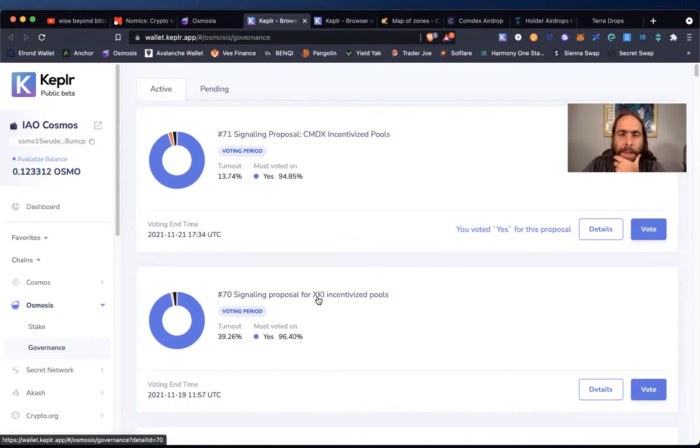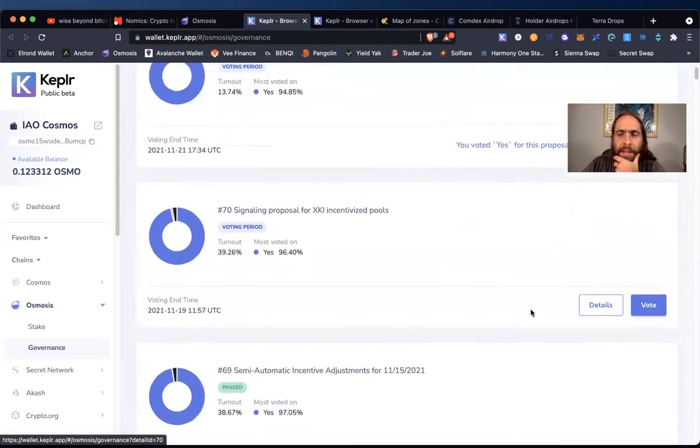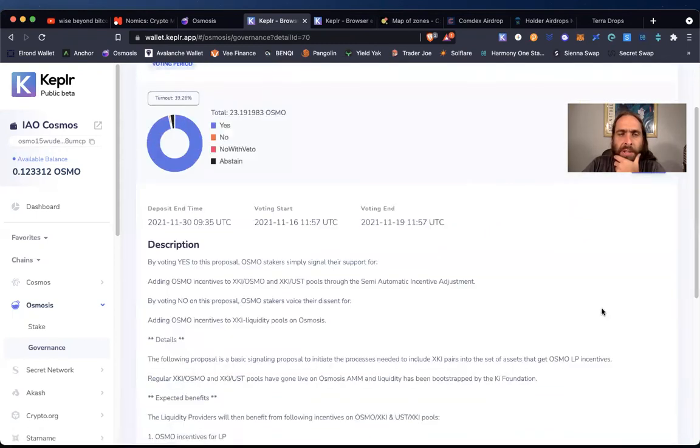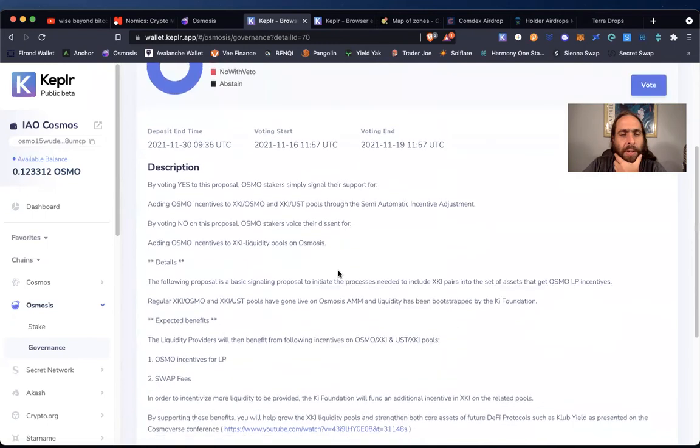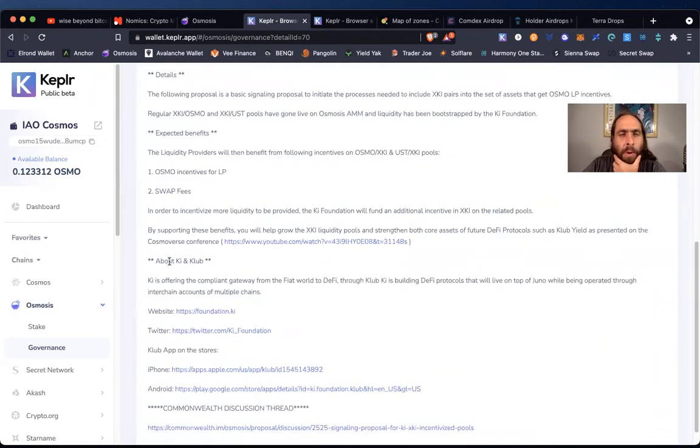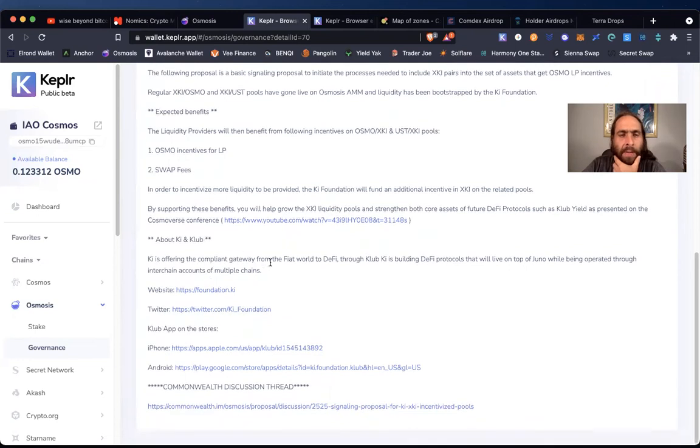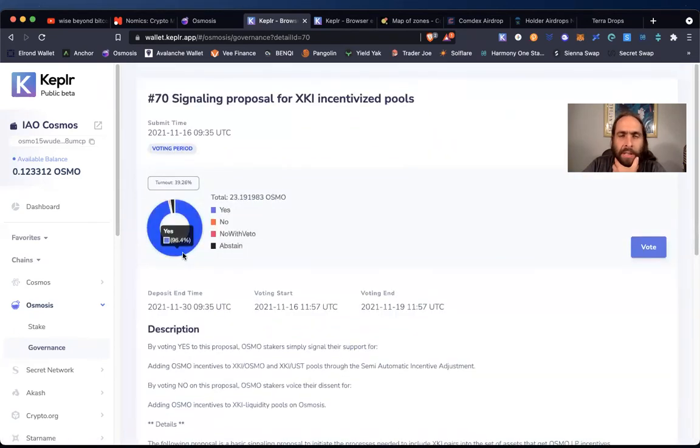I don't know enough about XKI, but watch how clean this user interface is. Click on details. They tell you the description of the incentive and what you're doing. And if you'd like to know more about Key and Club and the gateway from fiat world to DeFi that they're building, you can check out their Twitter, their website. I've already checked this out.